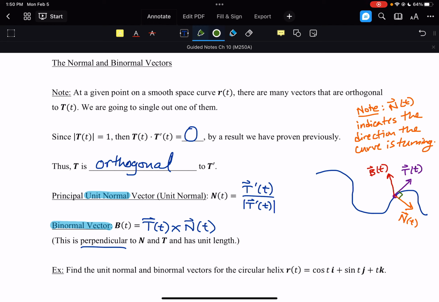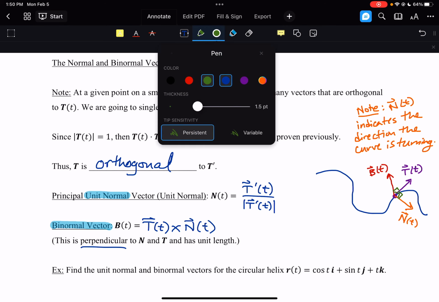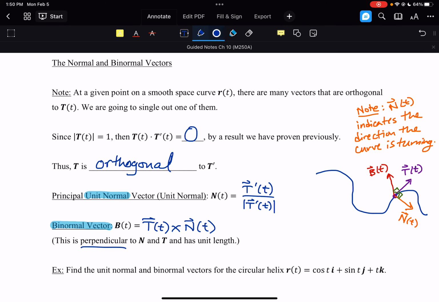And again, it has that right angle with both of them. Okay, and the binormal vector, the thing that it gives us, so note, the binormal vector gives us up versus down. So the binormal vector basically tells us what direction is up.